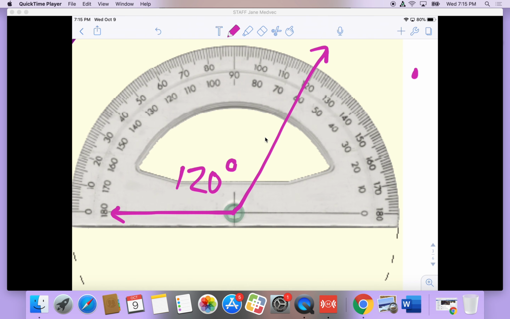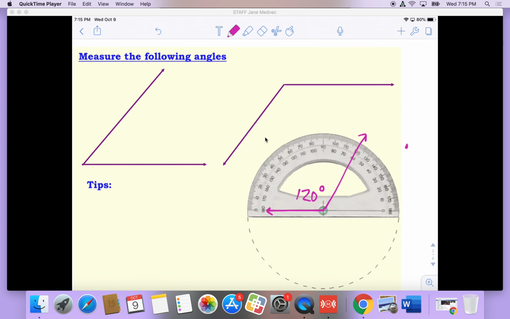So that's kind of the idea behind measuring your angles. The main idea is lining the vertex up where it is right there, taking this line segment right here, that would be lined up right here. And then this piece right here would fall somewhere out here on the protractor.